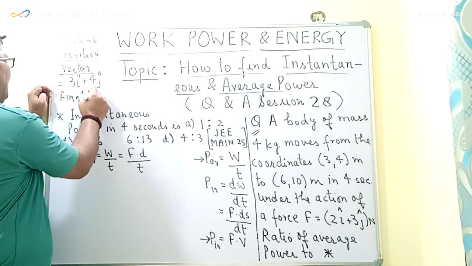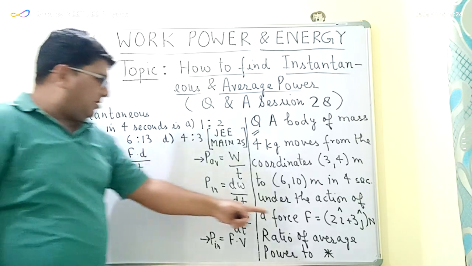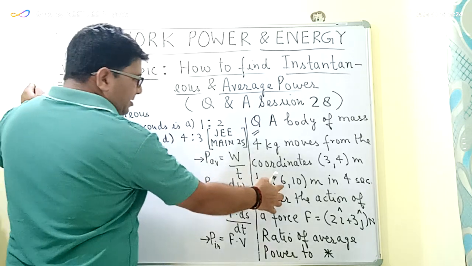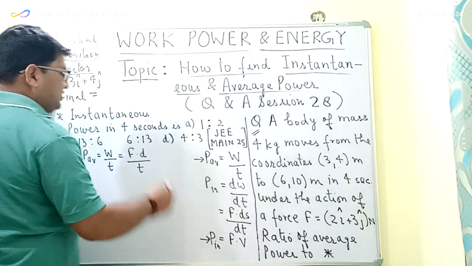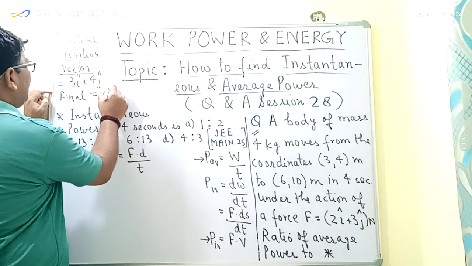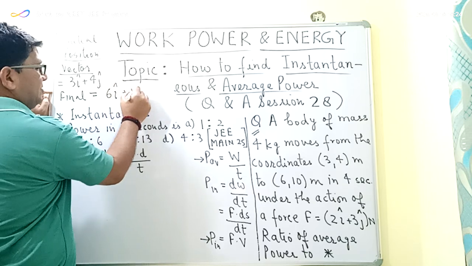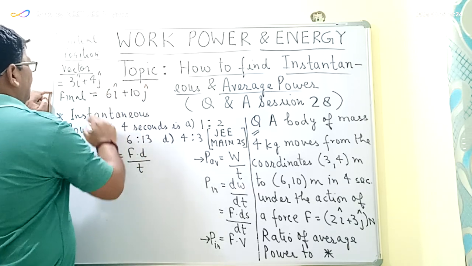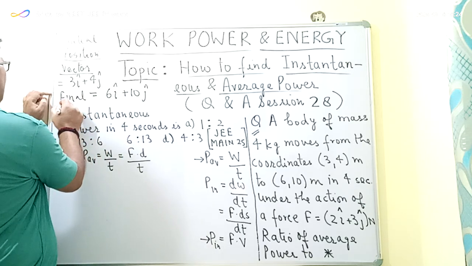Under the influence of the force F, this body will move to another location, which is (6, 10). So the final position vector will be equal to 6i cap plus 10j cap.